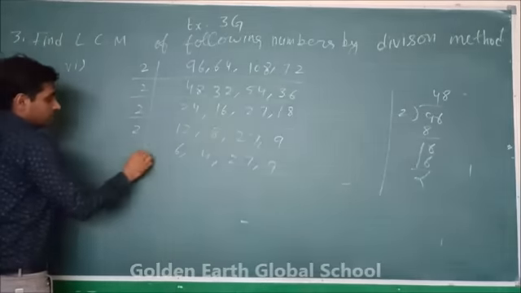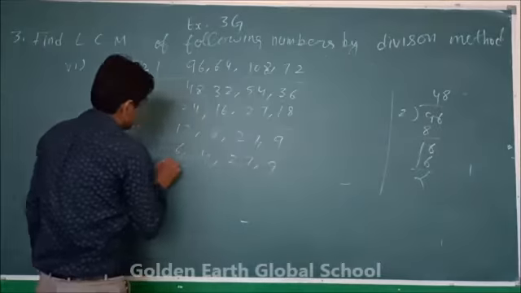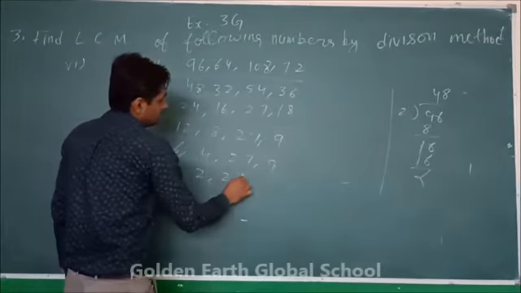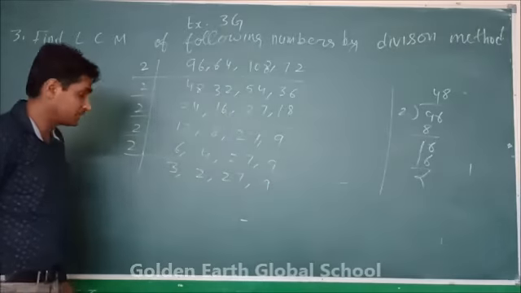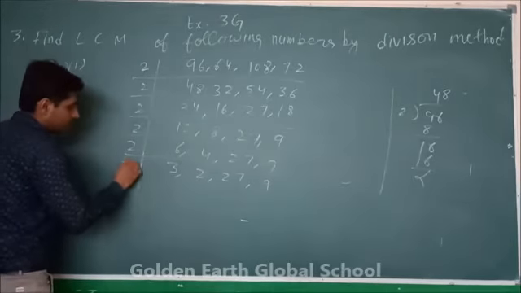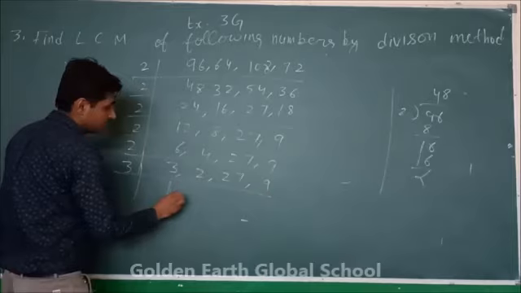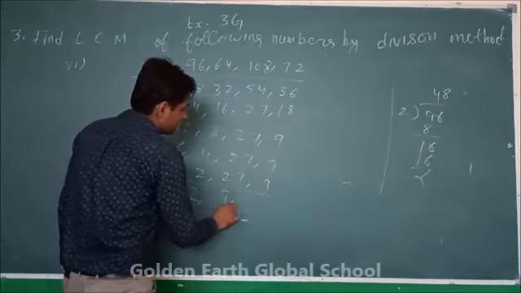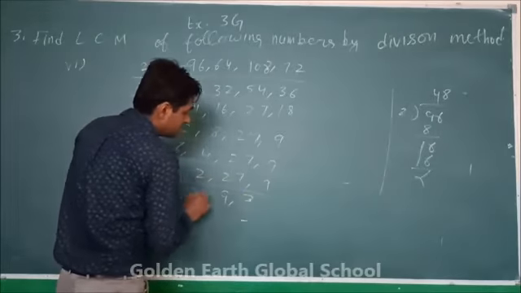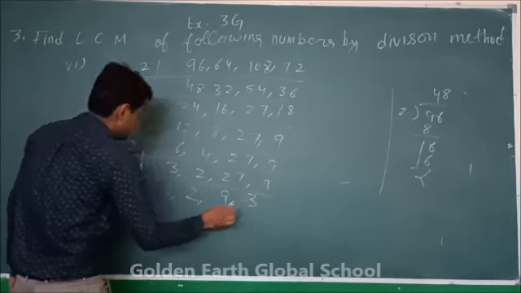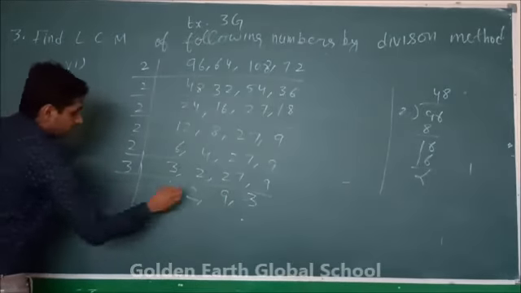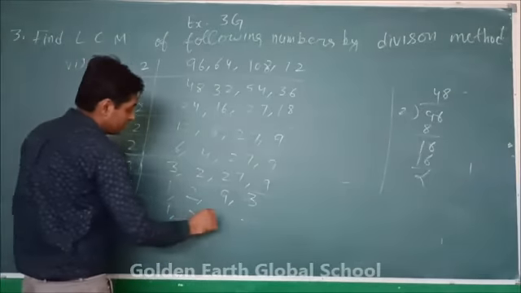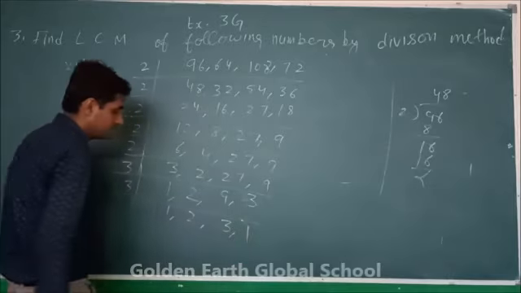Okay, then again divide by 2. Okay, 2 3 is 6, 2 2 is 27 and 9 write like that. Okay, then divide by 3. 3 1 is 3. Okay, 2 write like that only. 3 9 is 27, 3 3 is 9. Okay, then again divide by 3. 1 2 write like that only. 3 3 is 9, 3 1 is 3.